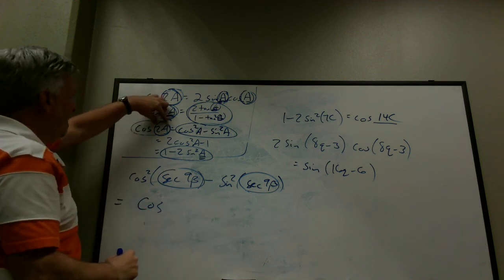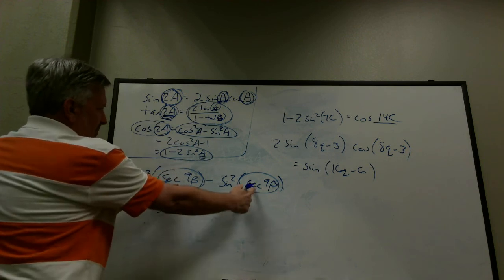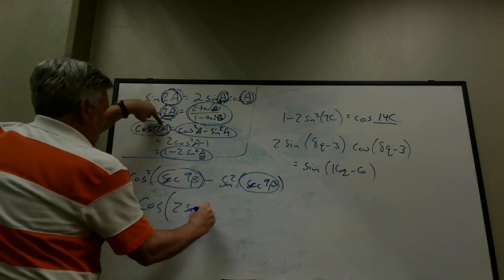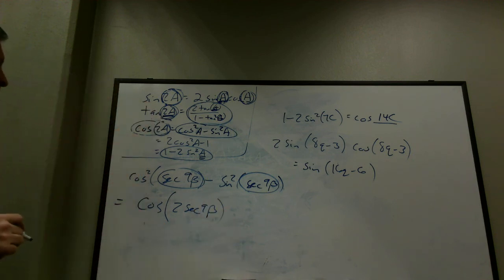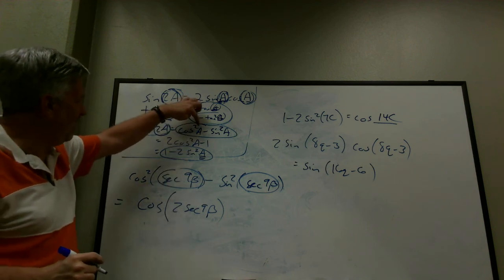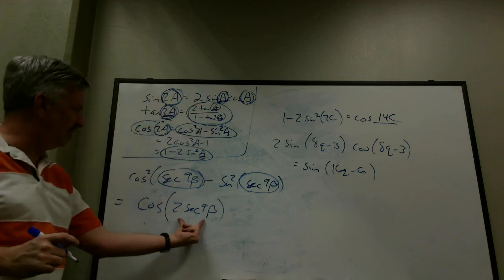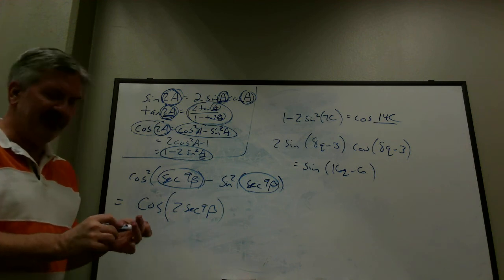Now, what does the something have to be? Whatever the stuff was here or here in the circles, double it goes here. So it's cosine of 2 secant 9 beta. Okay? So I made this one weird because it doesn't matter what the A is. Whatever it is, double it goes here. There we go. Okay? So I'll finish the rest of it in a separate video.